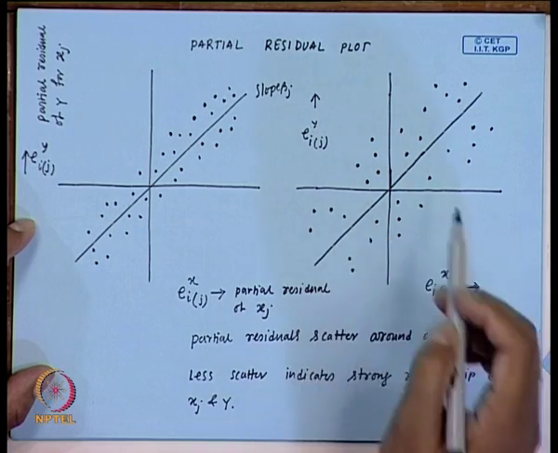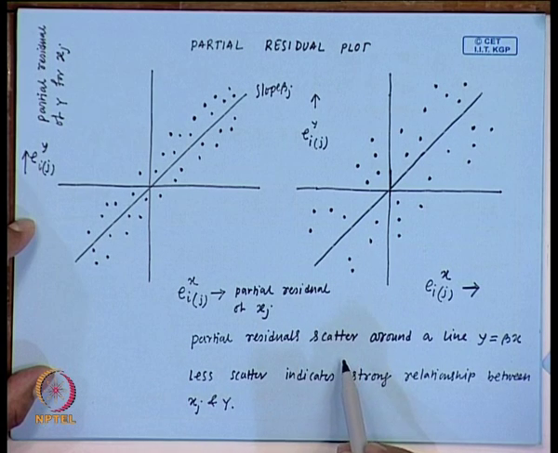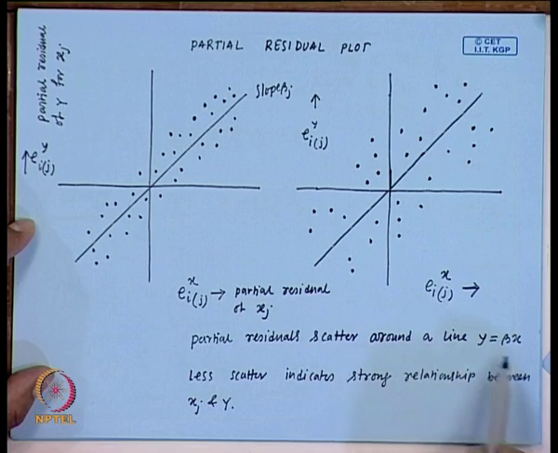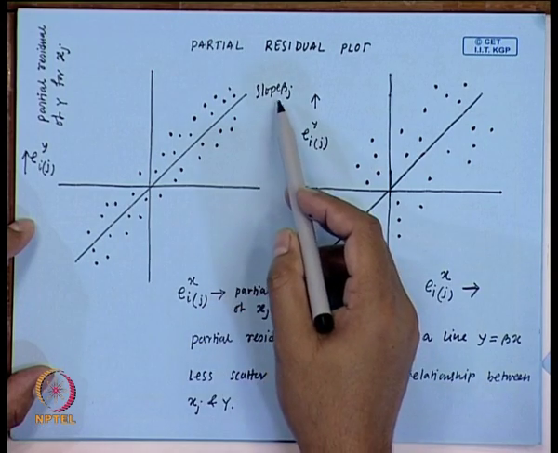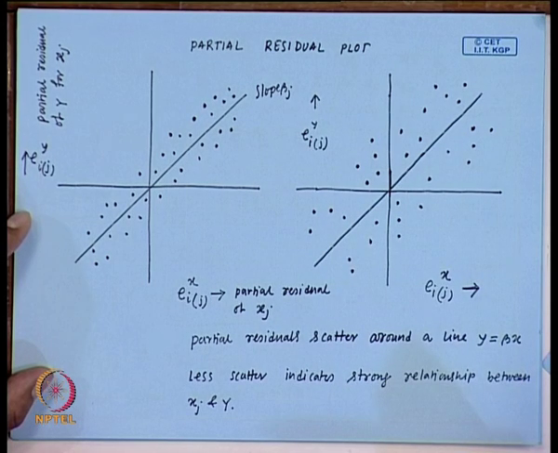And similarly, here you can check that the partial residuals are scattered around a line y equal to β_j x in both cases.